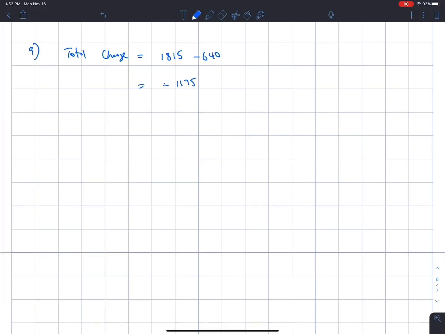And now I just need to find the rate of change per second, which will just be the total change divided by 25 seconds. And I got negative 47. This is negative 47 meters per second.